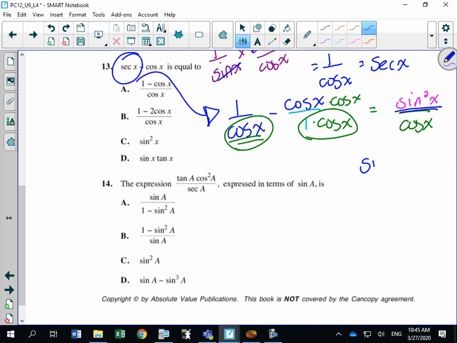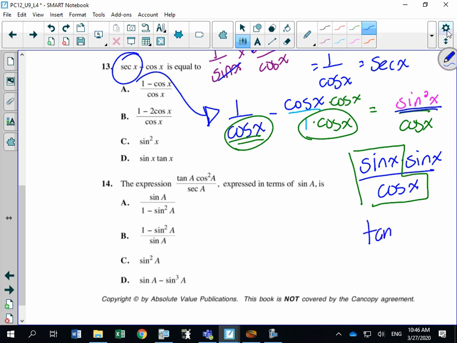Sine squared of x would be sine x times sine x all over cos x. Then what you should see is this guy. What is sine x over cos x? Is that an identity? And it is. Sine over cos is tan x, and then I've got a sine x left over. And that would be my identity there.